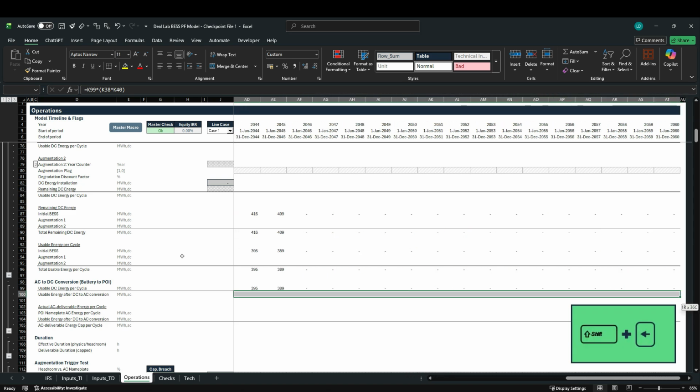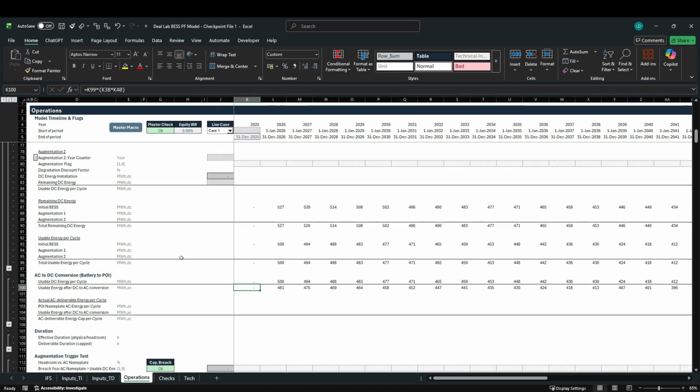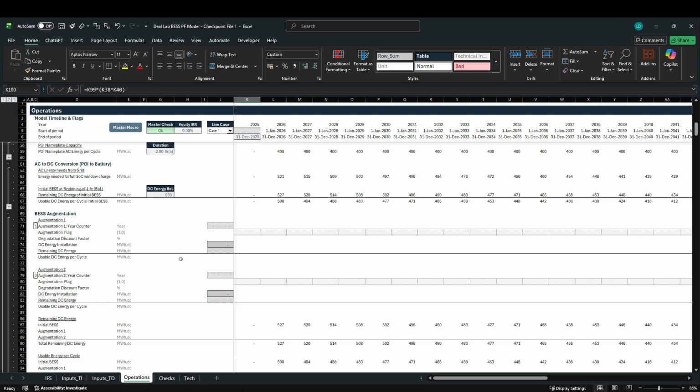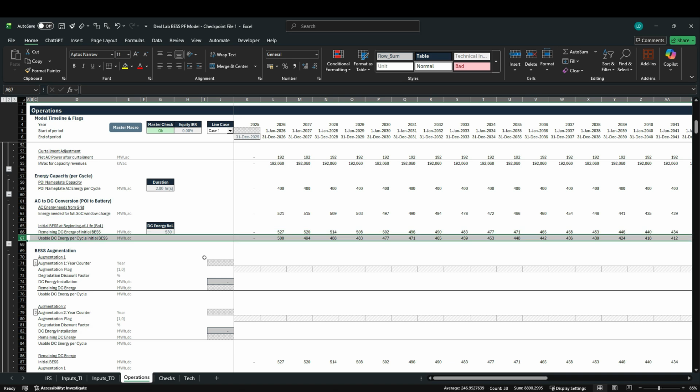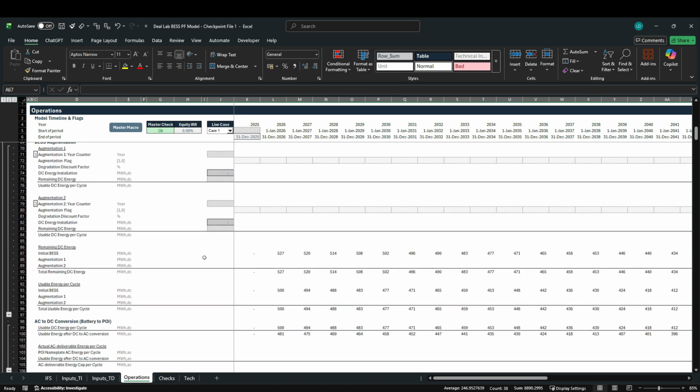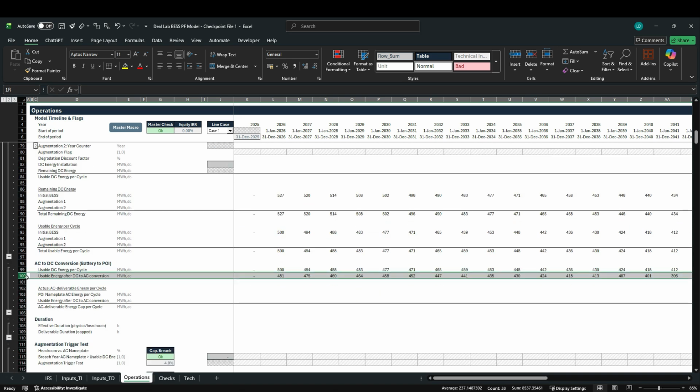Let's drag that one over to the right, Control R. And what you can see here is that initially we took in row 63 521 megawatt hours AC from the grid, converted that AC energy into usable DC energy within the BESS, and upon discharge we deliver 481 megawatt hours on an AC basis back to the grid. So effectively, we lose about 40 megawatt hours through the charging and discharging path.